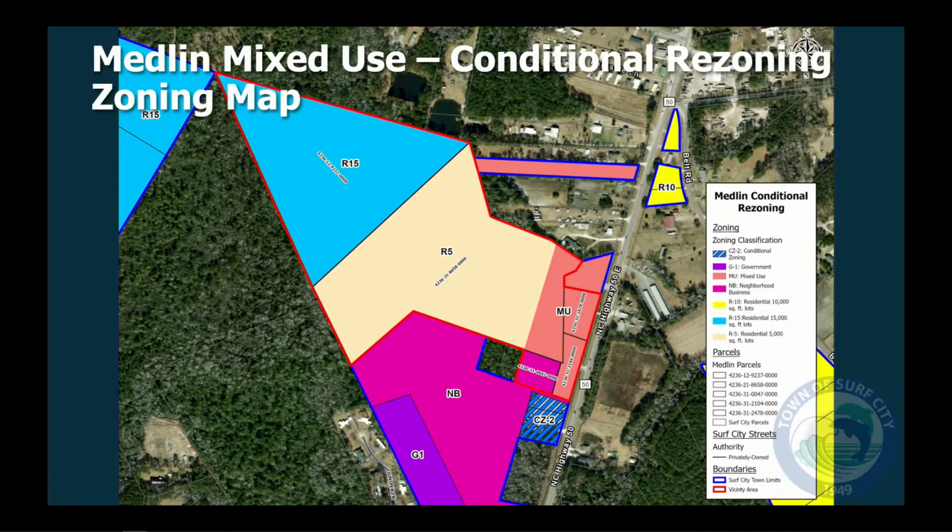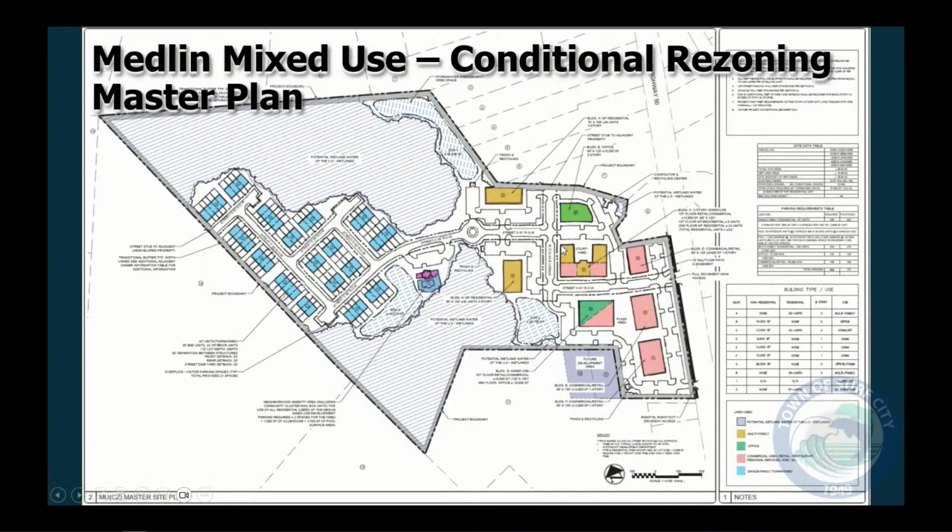The request is to design a multi-family commercial mixed use subdivision. You can see the proposed conditional rezoning master plan before you on the screen and in your agenda packet.